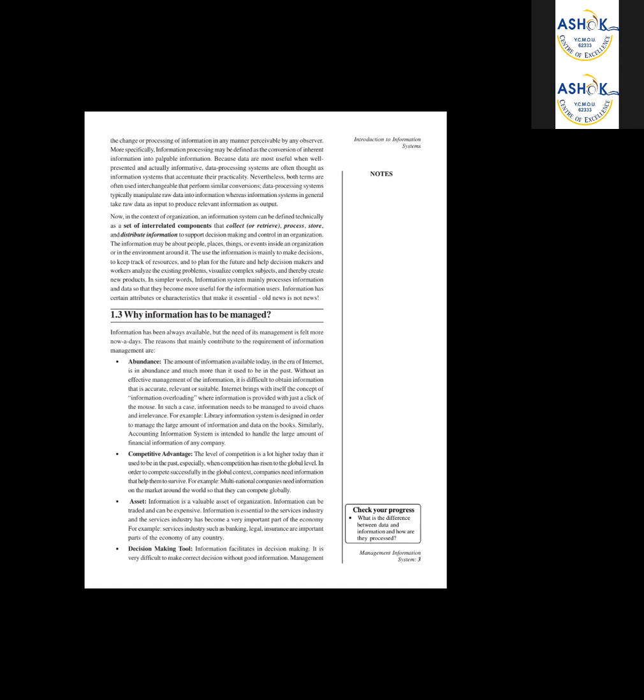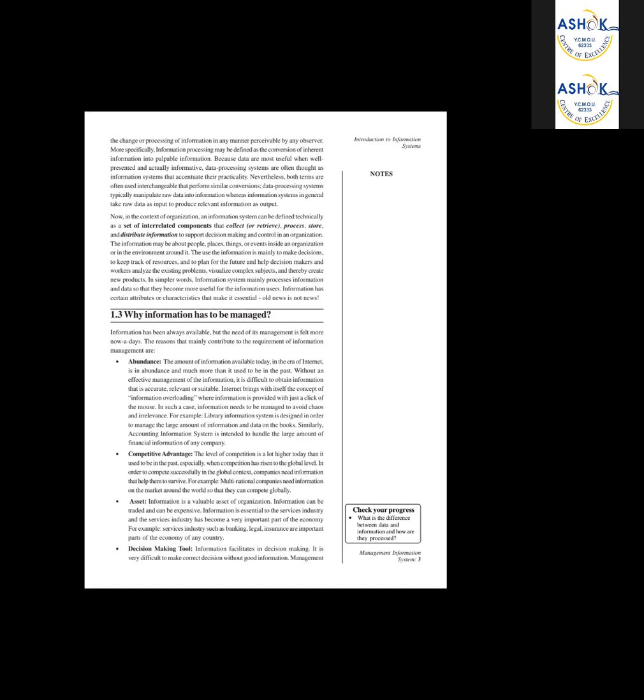Now, in the context of organizations, an information system can be defined technically as a set of interrelated components that collect, process, store, and distribute information to support decision making and control in an organization. The information may be about people, places, things, or events inside an organization or in the environment around it.